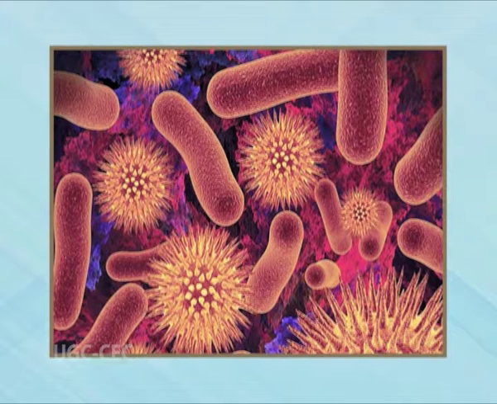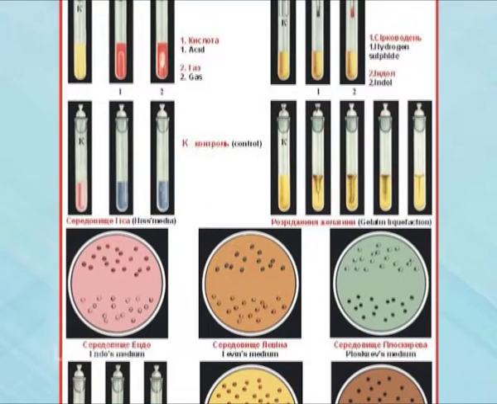Thus, microorganisms are a highly diverse group of organisms and constitute about 60% of the Earth's biomass. Owing to such enormous number, microorganisms are essential components of the Earth's biota and represent a large unexplored reservoir of genetic diversity.